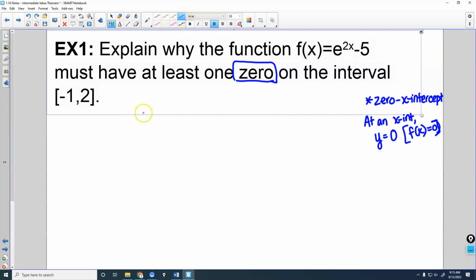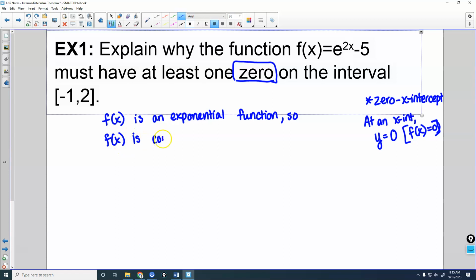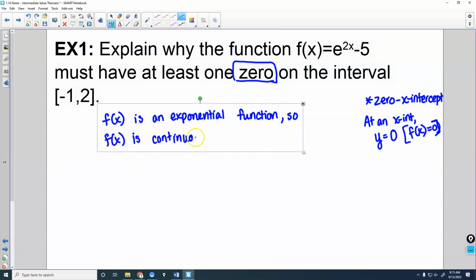So first I'm going to say f of x is an exponential function, so f of x is continuous for all real numbers, or from negative infinity to infinity, if you like.